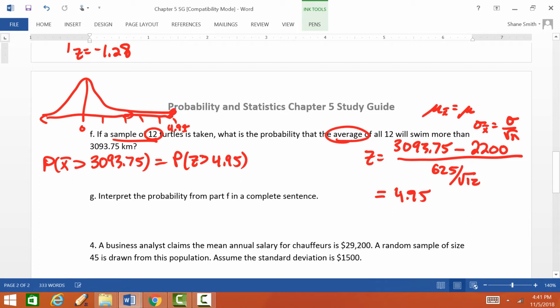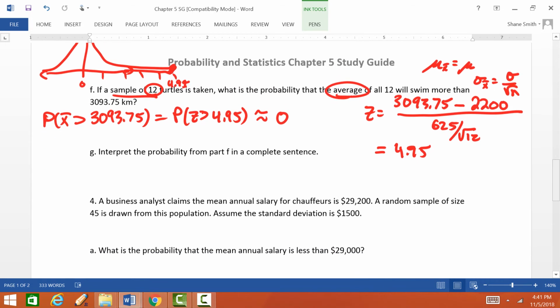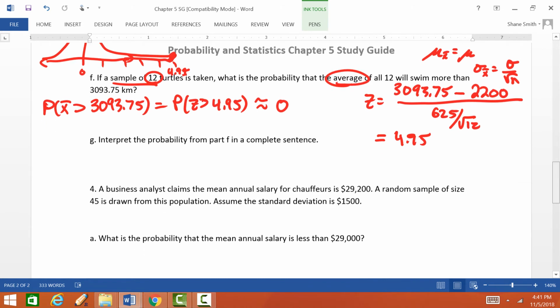So this area is so small, and you want something greater than that, it's about 0 because it's off the chart. So anytime you get a z-score off the chart, which doesn't happen too often, but this is just an example of when that happens, you just have to think of what direction you're going. In this case, we're going greater than a very high z-score. Because that's about 5 standard deviations away from the mean. It's almost impossible that that happens, or it's a very, very rare occurrence.